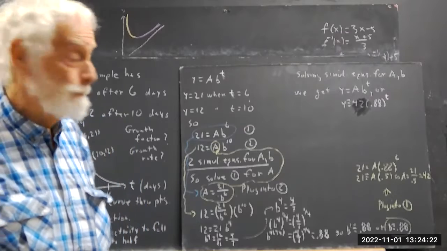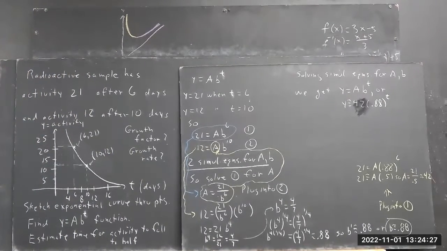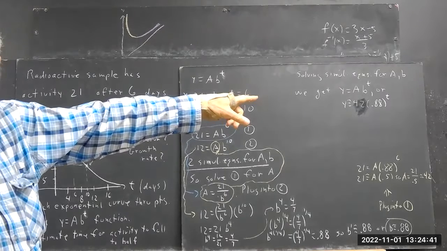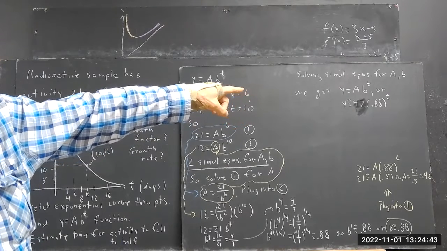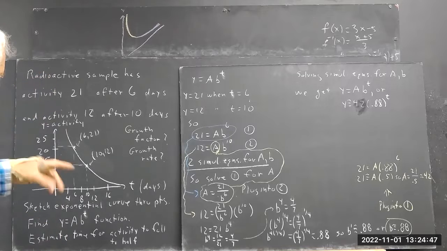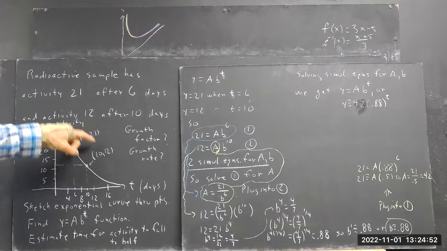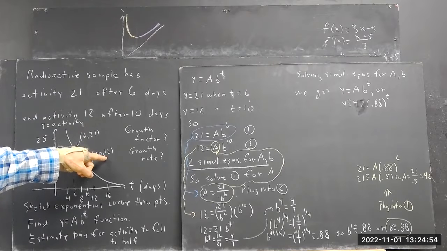Okay, so now my question is, we want to estimate the time for the activity to fall by half. We're not going to try to estimate it based on that; we're going to solve it based on that. Or we're going to estimate and then we're going to try it. Okay. So we fell from 21 to 12, right?